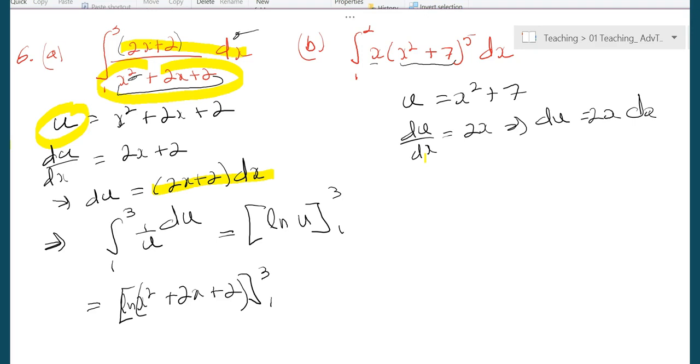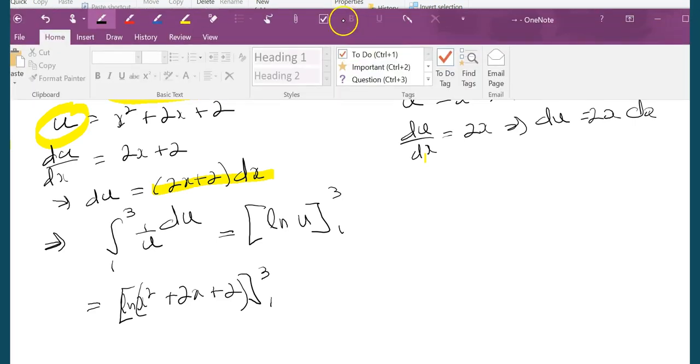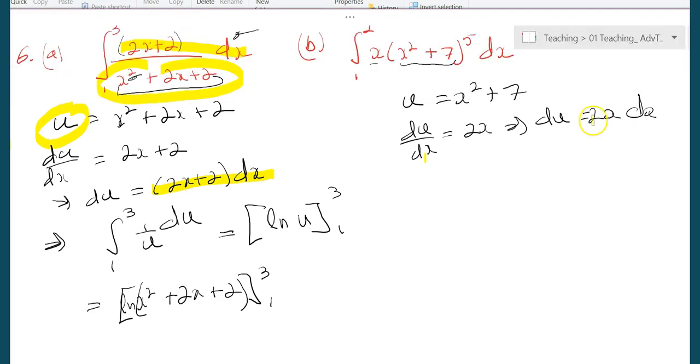Here, what we notice is that out of our 2x dx, we already have an x dx. What is missing is our 2.